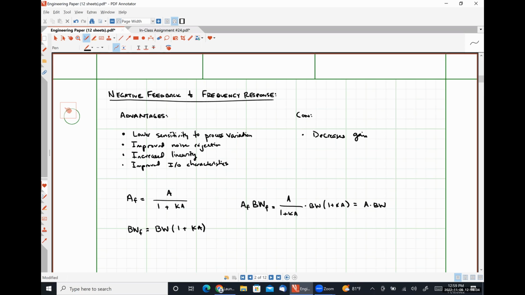We're also going to call our gain bandwidth product GBP. GBP is therefore A times BW. So open loop gain times open loop bandwidth, which is the same as closed loop gain times closed loop bandwidth, is going to be omega T, our transition or unity gain frequency.